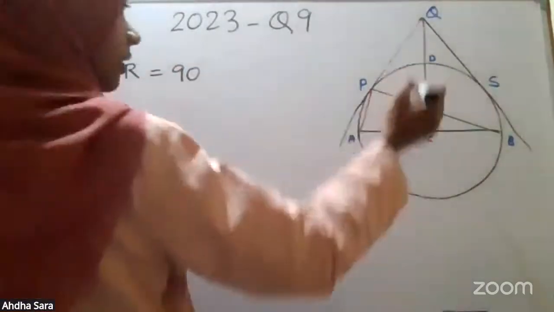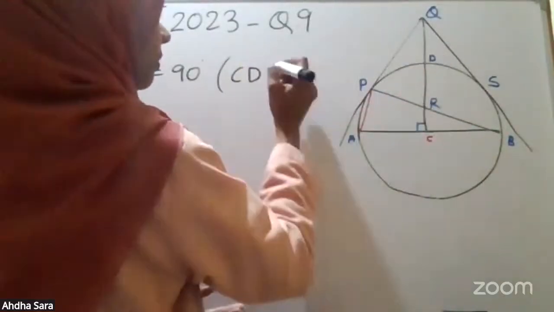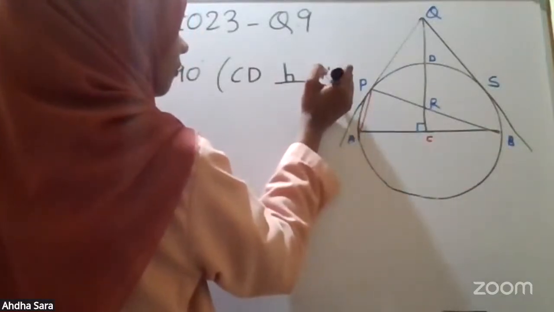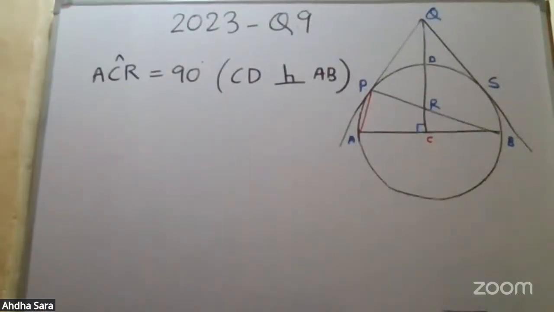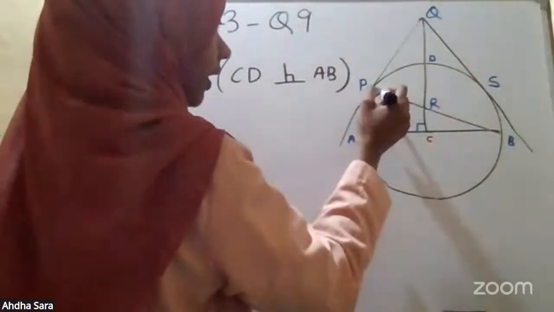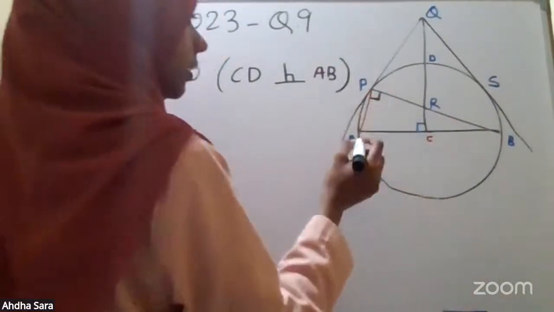You can say CD bisects AB. Then you have an angle here.